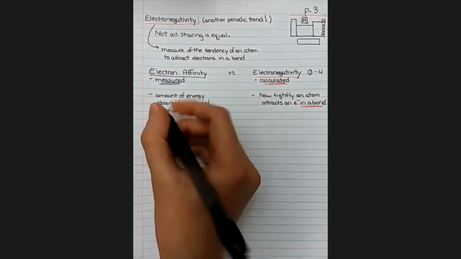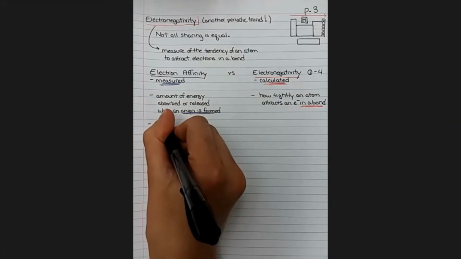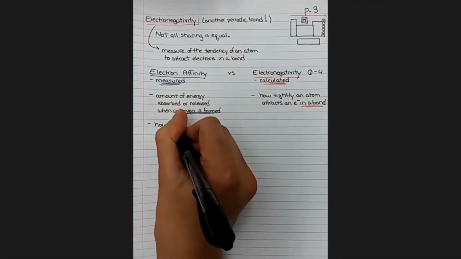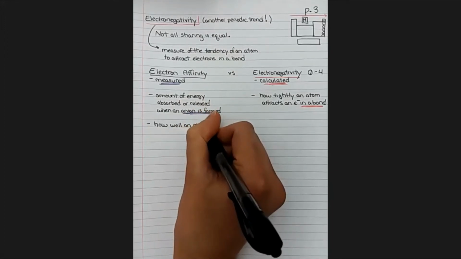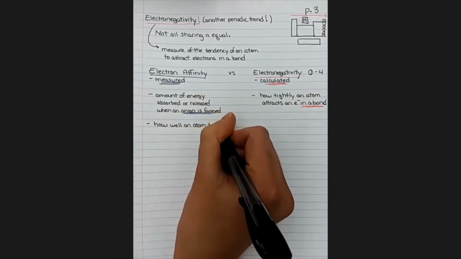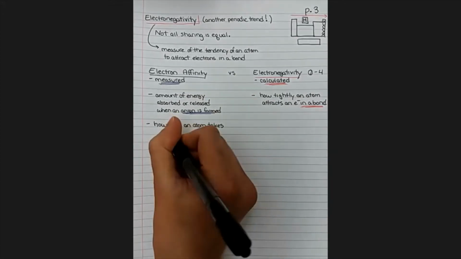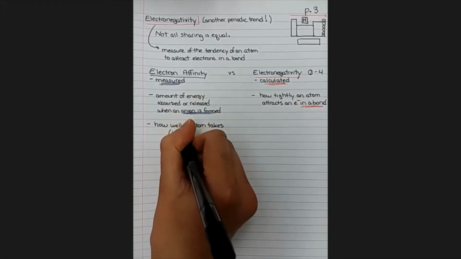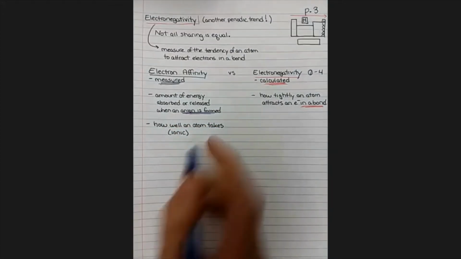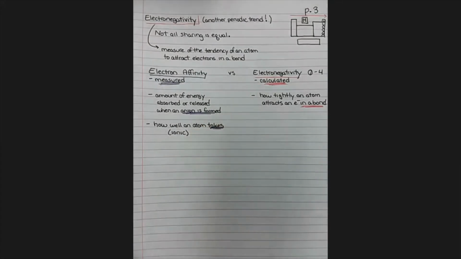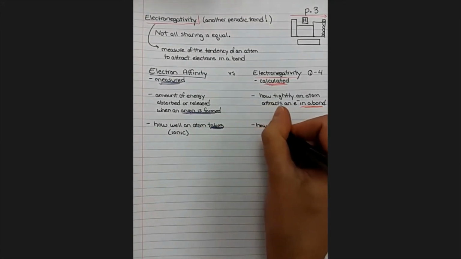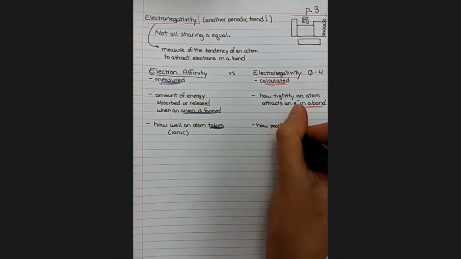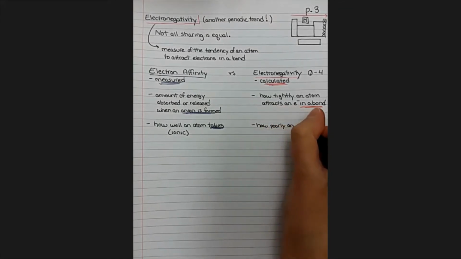And the final point we can use to compare them: electron affinity is a description of how well an atom takes. And remember, we use the word take to describe ionic bonding. Definitely not sharing. And electronegativity is a measure of how poorly an atom shares.